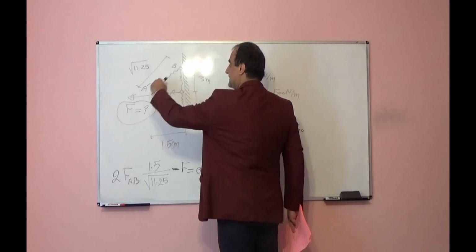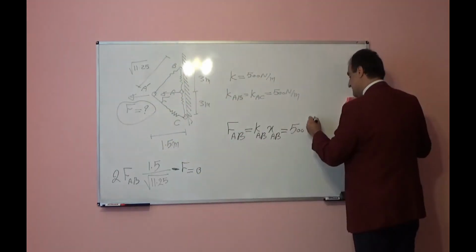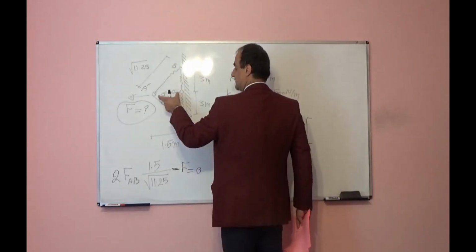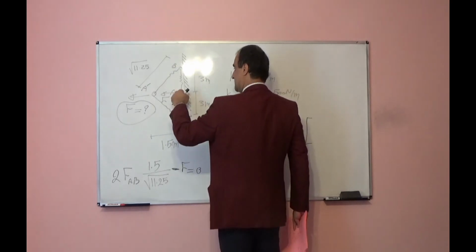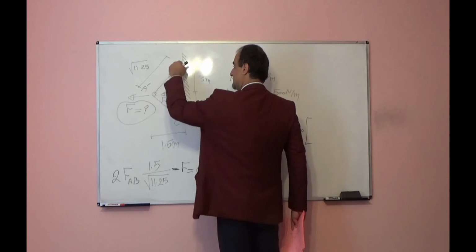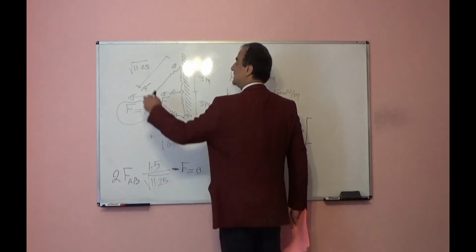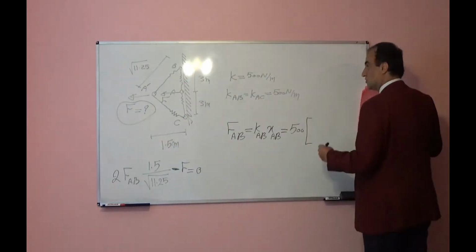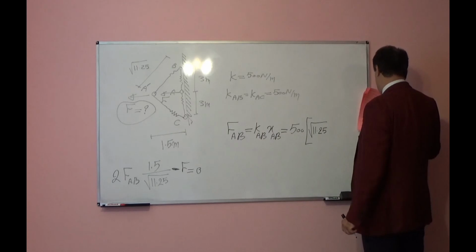The length now is A prime B, and you see this is one triangle, 3 and 1.5, so we can find this length. This is 3 meter, this is 1.5 meter, so the square root of 3 squared plus 1.5 squared will be the square root of 11.25. So the length now, after applying the force, is the square root of 11.25.